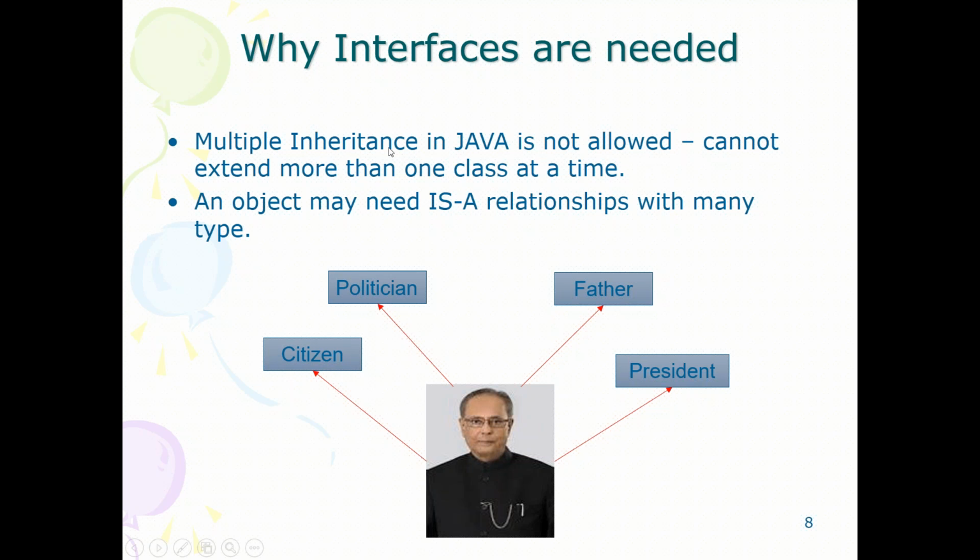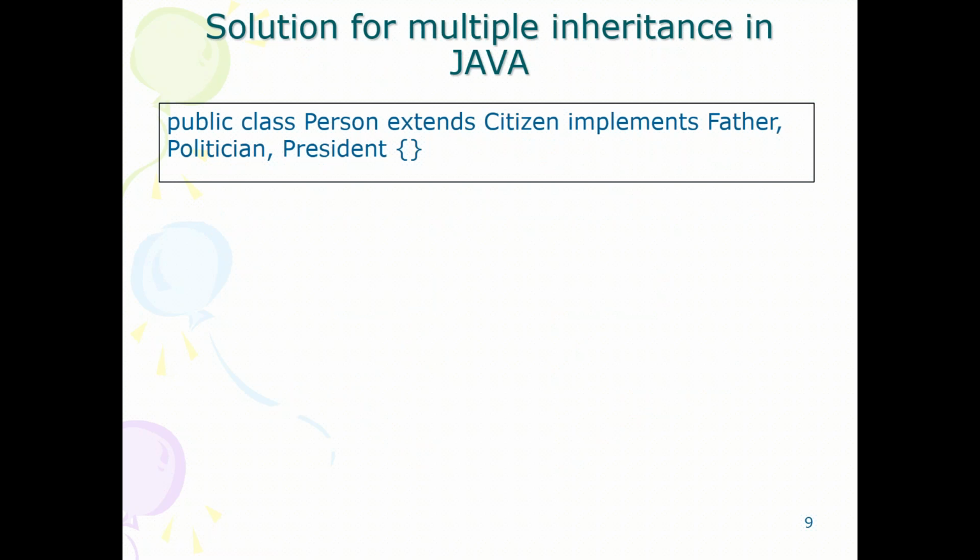So multiple inheritance in Java is not allowed; you cannot extend more than one class at a time. Say there is a class, the president class. He can extend the citizen class, he can extend politician, he can extend father, he can extend president. Now the solution for multiple inheritance in Java: public class person extends citizen.